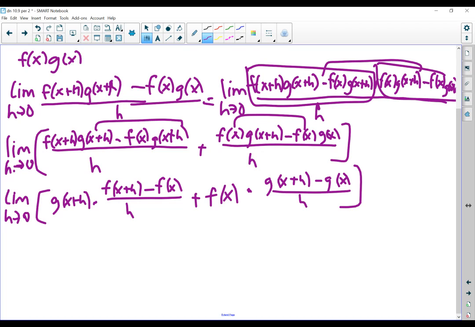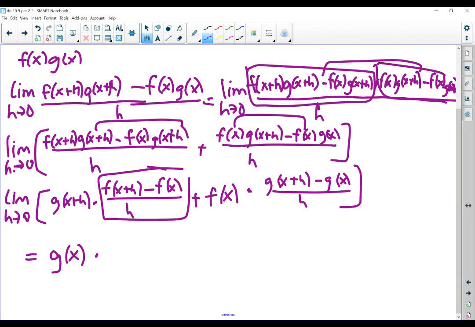Okay. So now, using limit properties, I'm going to take the limit of each piece by plugging in 0 for h. So now look, if I plug in 0 for h here, I just end up with g of x. Now, if I plug in 0 for h here, I end up with 0 over 0. But guys, look at this for a second.